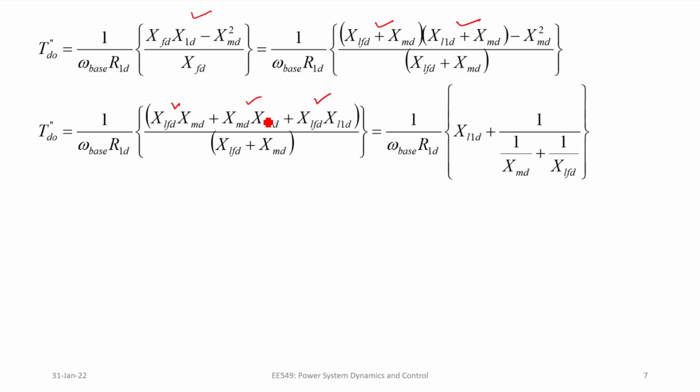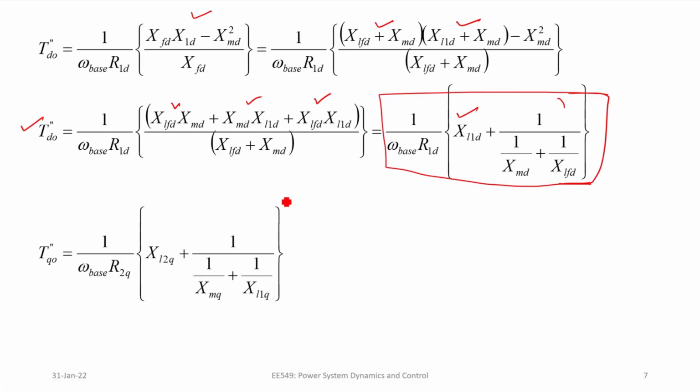Now just taking XL1D common, I will have XMD plus XLMD, which will cancel out, and therefore I will have XL1D plus 1 upon (1 upon XMD plus 1 upon XLFD). So now this is your time constant. This is the open circuit d-axis subtransient time constant, right? So this whole term is the open circuit d-axis subtransient time constant.